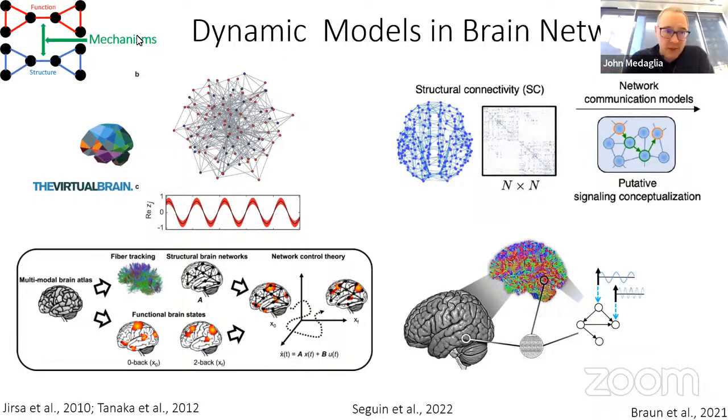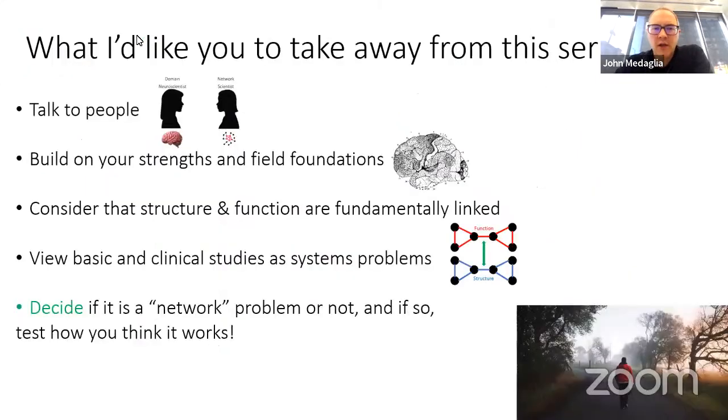Or if it's not mapped, you might have a hypothesis about how it could work that you can test in these network data. There are little pockets of this science all over the place that I think are ripe for the taking for clinical and applied communities or basic science communities and clinical pathology that I just wanted to mention here. So here are my takeaways, then I'll stop and we can chat about anything on your mind.